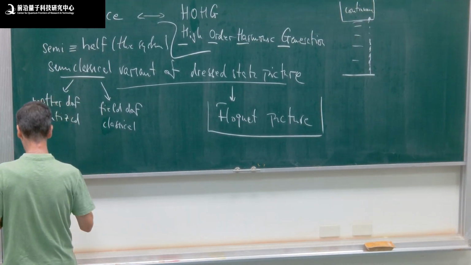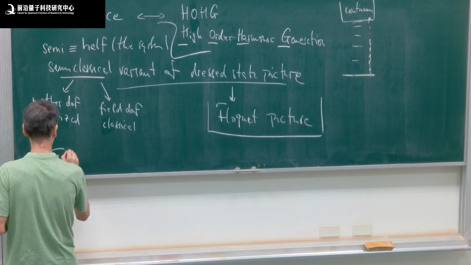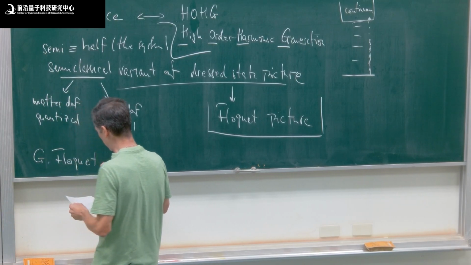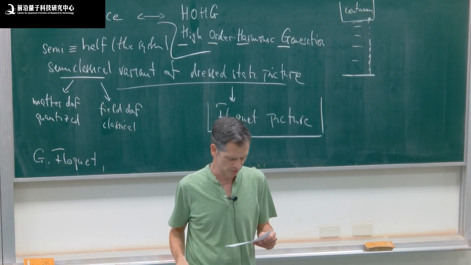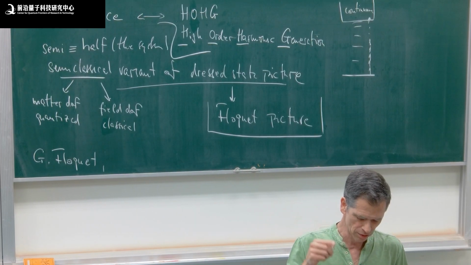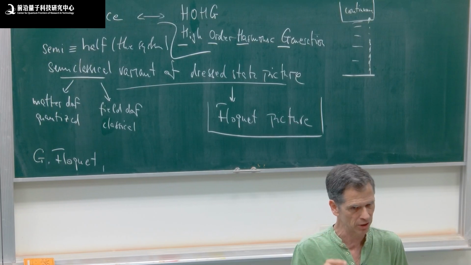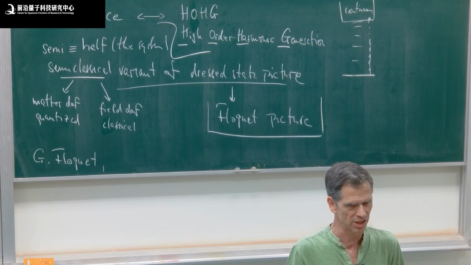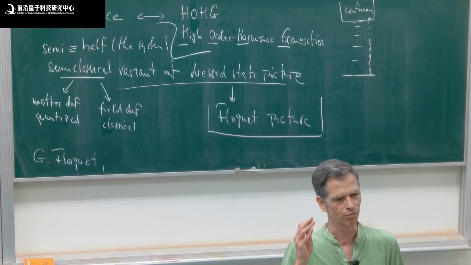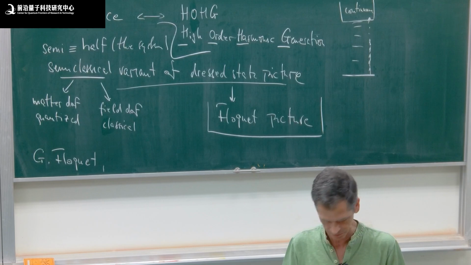So the original paper is by Gaston Floquet. And he was actually a mathematician, right? And the title of the work is on linear differential equations with periodic coefficients, right? So essentially, he was interested in the solutions of linear differential equations with what we would call periodic boundary conditions, okay?